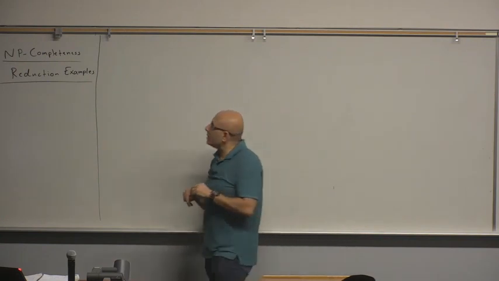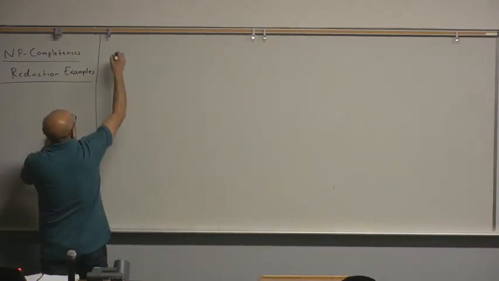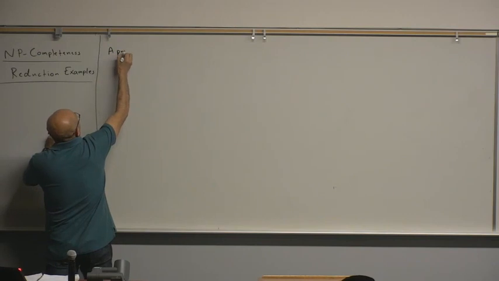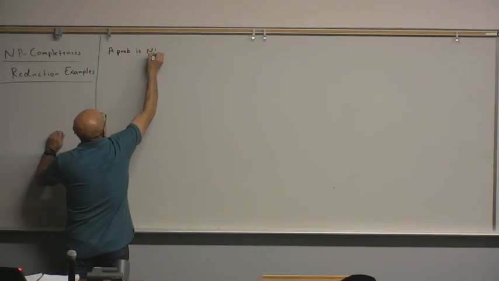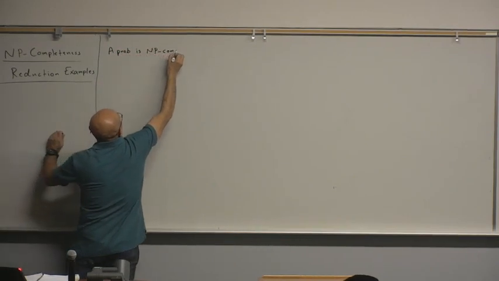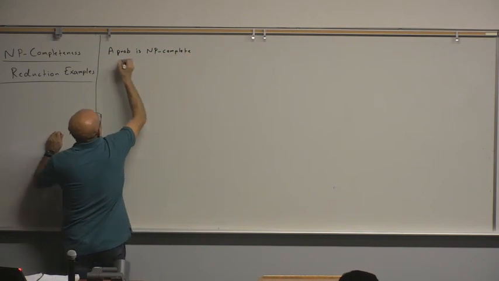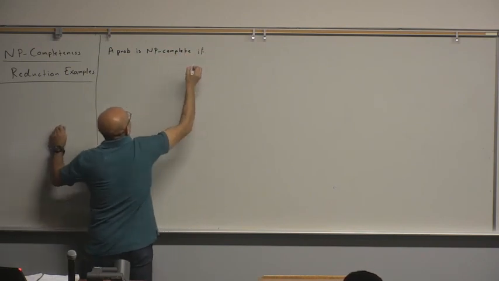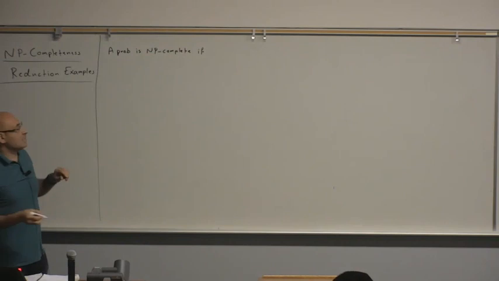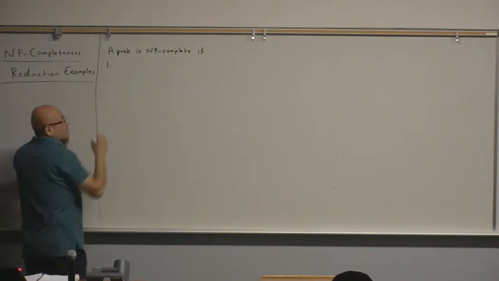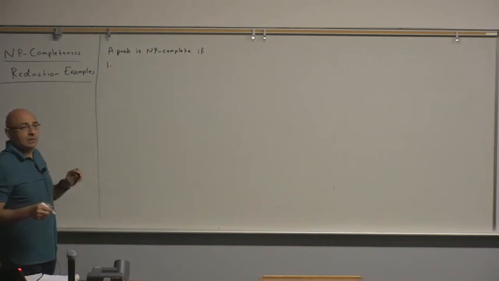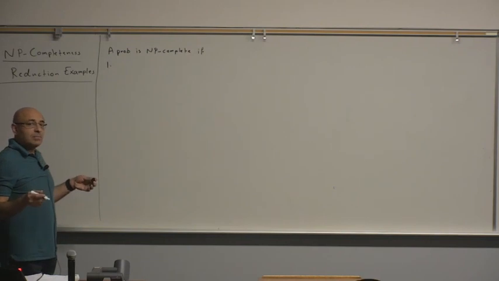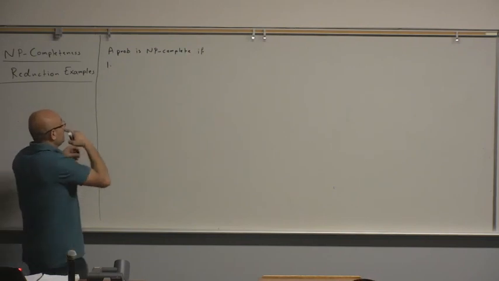The main concept was the definition of NP-completeness. A problem is NP-complete if both of the following conditions are satisfied. Condition number one, the problem belongs to NP.